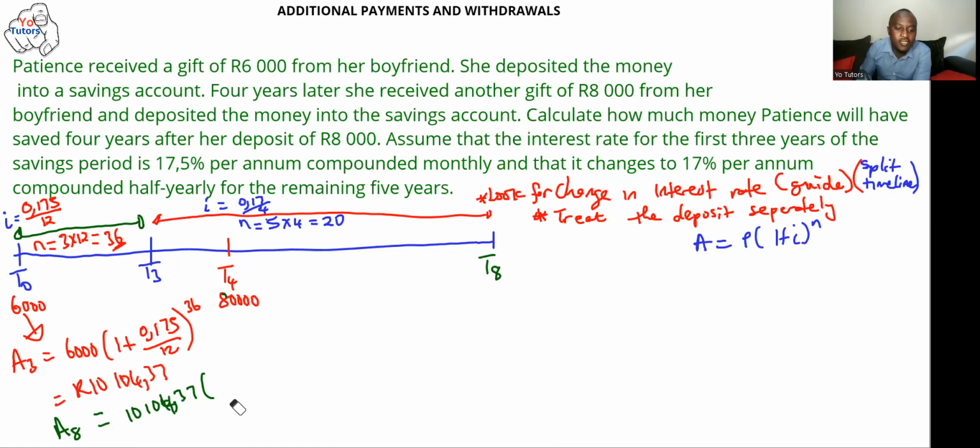Let me write it nicely here. In bracket 1 plus our interest has changed now, which is 0.17 over 4, to the power of how many times here? It's going to be 5 times 4. Remember, 20. So let's see what we get.